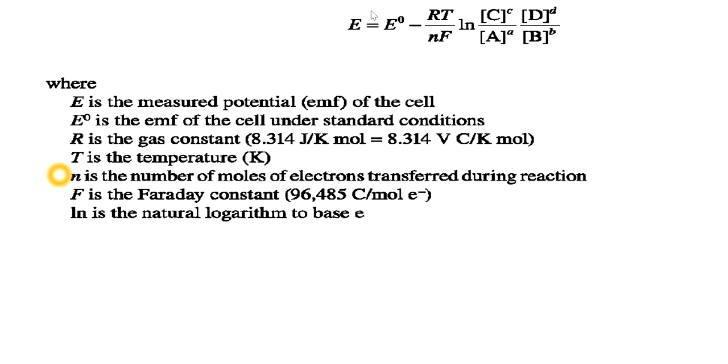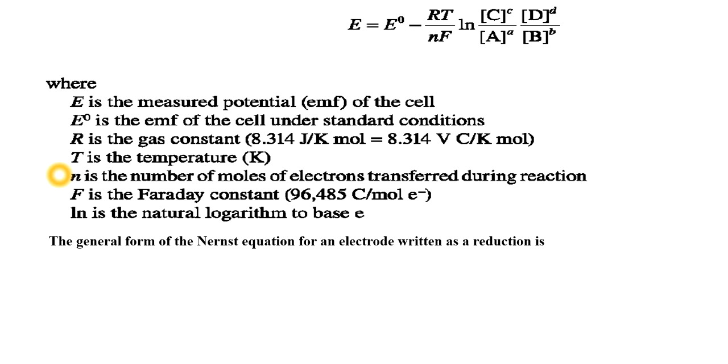It will give you the potential of a cell if you derive it from the standard state EMF, which is determined under standard conditions, and usually you can get this value from literature.